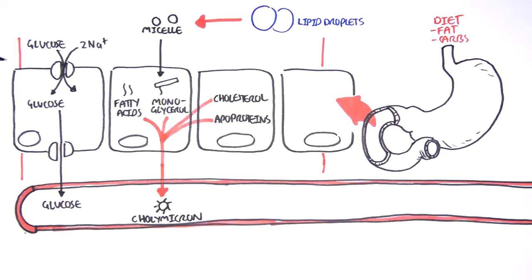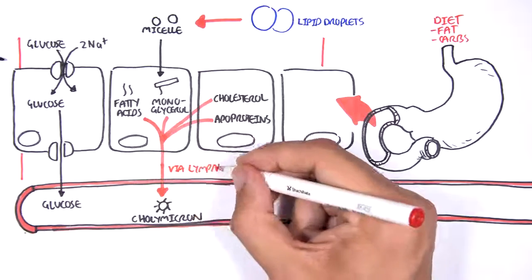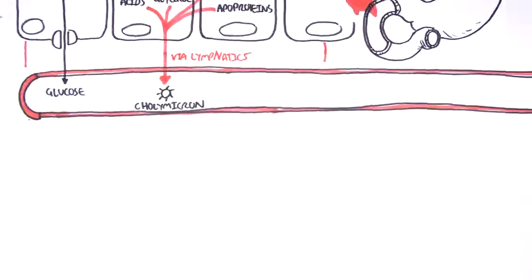Chylomicrons are predominantly lipids with little proteins, with little apoproteins. The chylomicrons also contain phospholipids within their structure. The chylomicrons are actually absorbed into the lymphatic system before moving into the blood vessel via the subclavian vein.